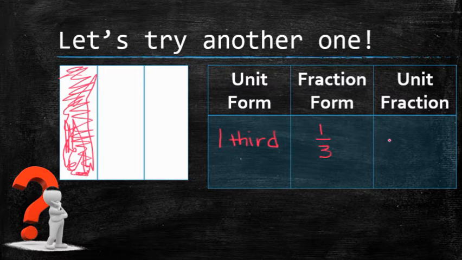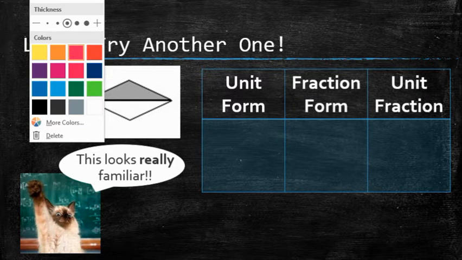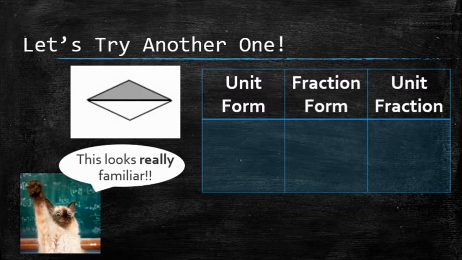We know that 1/3 would be shaded, and that would be our unit fraction. You're getting really, really good at this. So let's go ahead and try another one. See if you can do it by yourself. Pause the video, see if you can do it by yourself, and then come back and we'll check it together.